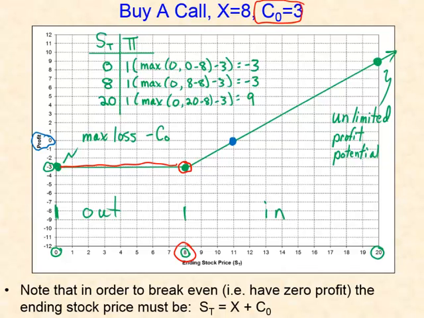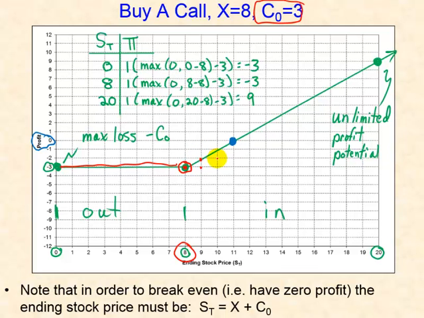Finally, for any stock price greater than 8, we know the option will expire in the money. And for each dollar that the stock price increases, we will gain $1 of intrinsic value and thus $1 of profit. So starting here at the initial point of 8 and negative 3, we can simply move to the right $1 and up $1 and draw a point there.